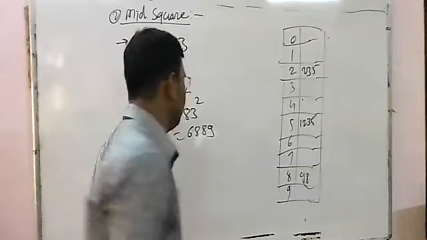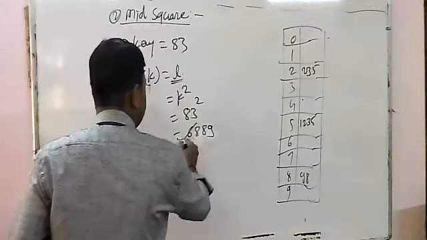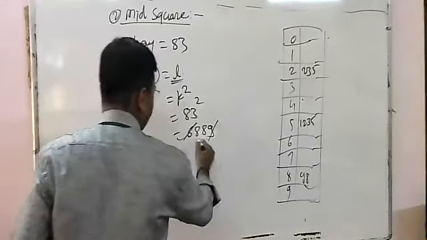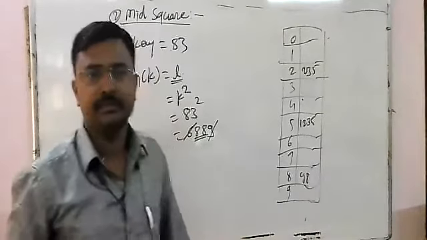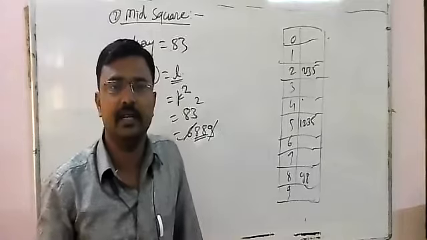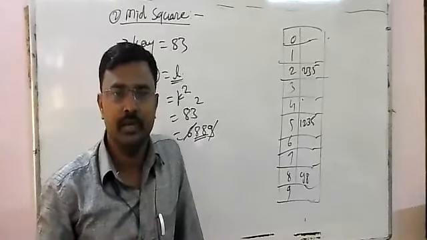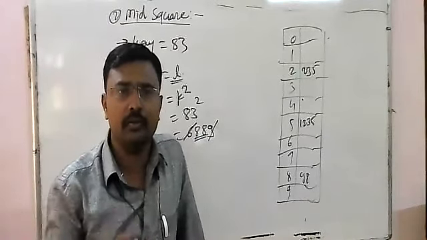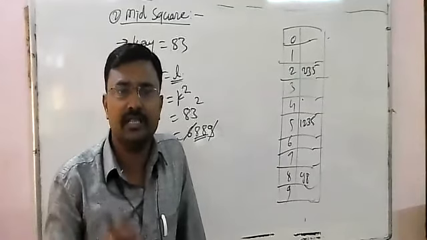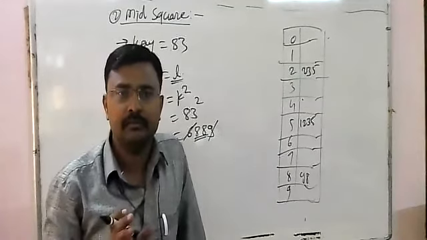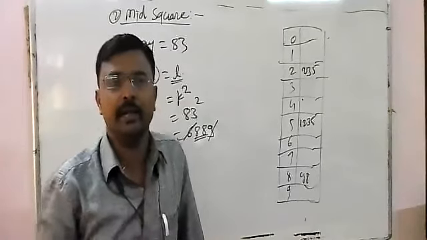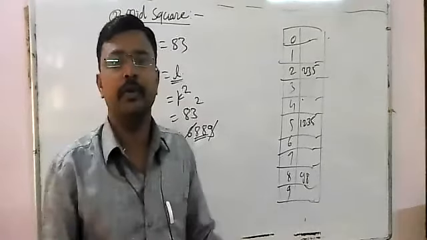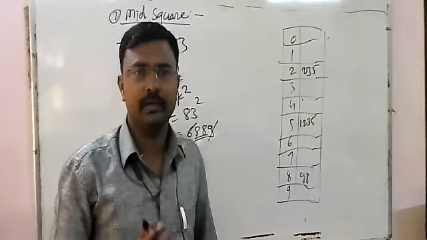Then we just remove the elements from the left side and the right side. Whatever is at the middle is the index position. So in this technique, you just square your key and find the middle elements by removing digits from the left and right side. Okay, got it?